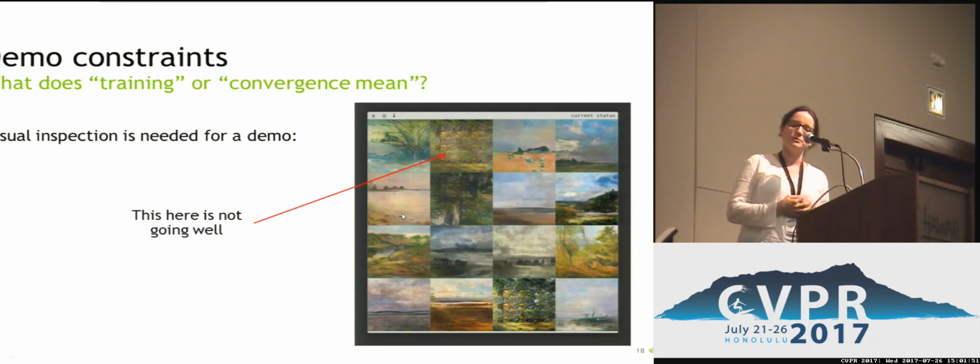This is an example of what happens. The red arrow shows that the training is not going well. Can anybody tell me why? Yes, the answer was repeated structure. I got repeated structures. So what's going wrong?